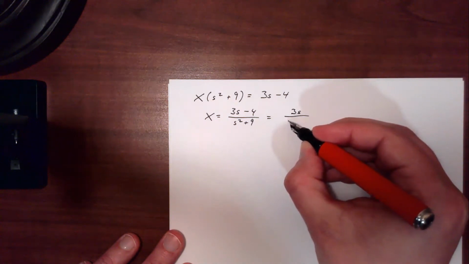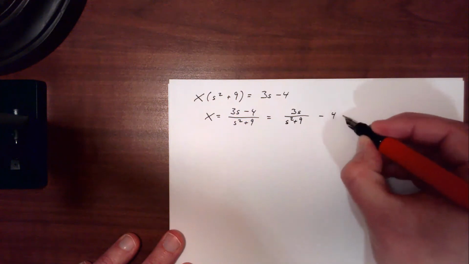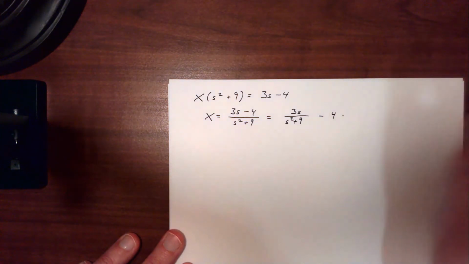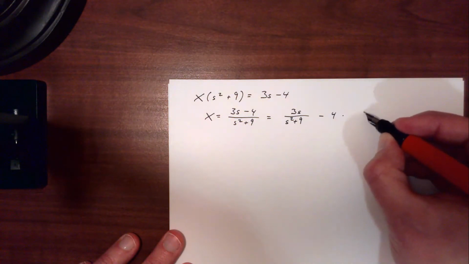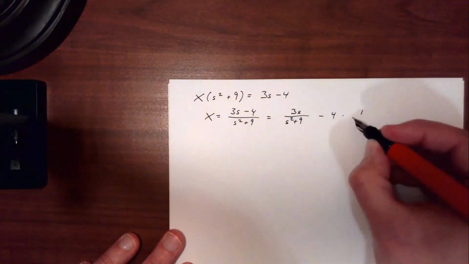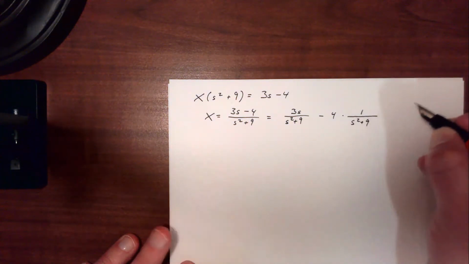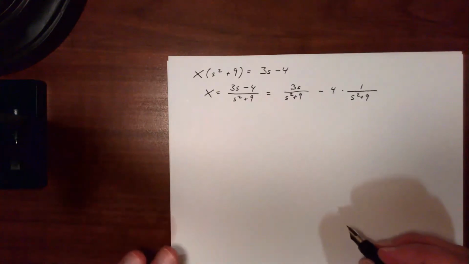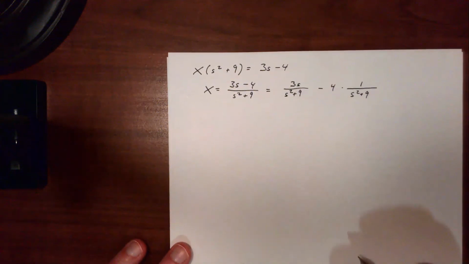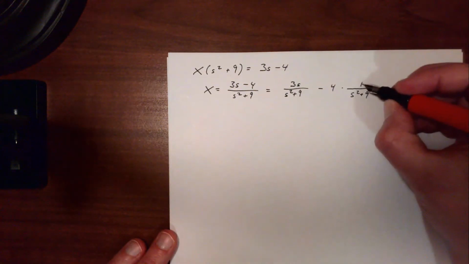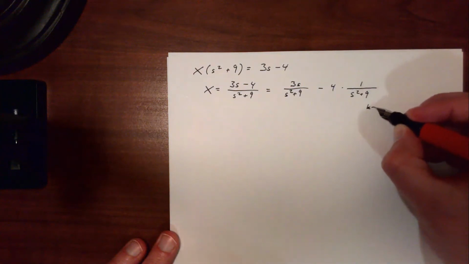So 3s over s squared plus 9 minus 4 times, and here I'll just leave a little space, so I'll make it 1 over s squared plus 9. And now, if I need this to be fit for inverse Laplace transforms, I need the number up here to be the k. So here, k equals 3, I can see that.